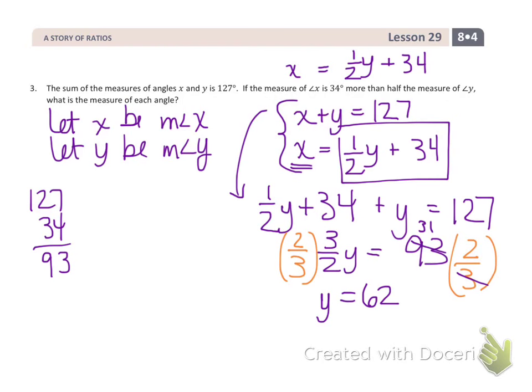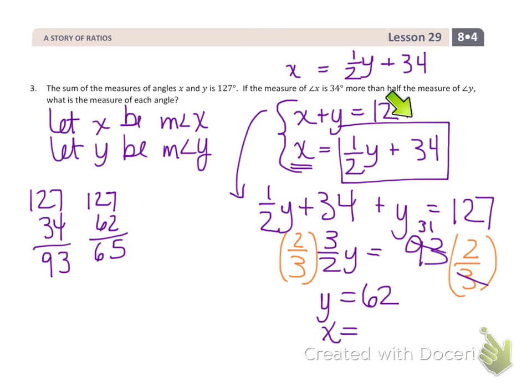So what is y? Well, y is the measure of angle y. If they both add up to 127 up here, I need to subtract to find out. So what I did was put it in up here: x plus y equals 127. So x plus 62 is 127.